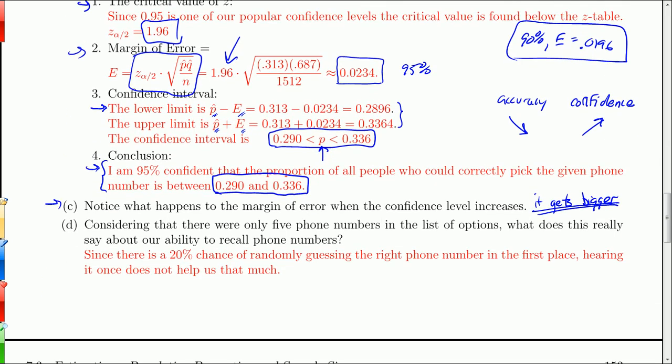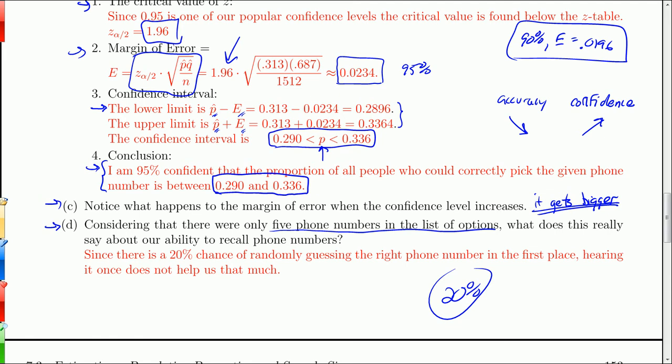And this is a real problem, so I thought it was worth mentioning. There were only 5 phone numbers on the short list. So if you just randomly guess, if you didn't even try to remember the phone number, 1 in 5, there's a 20% chance of randomly guessing the phone number correctly without any thinking, without ever even seeing the ad with the phone number.